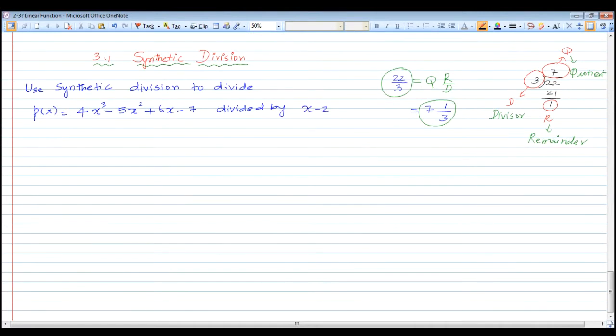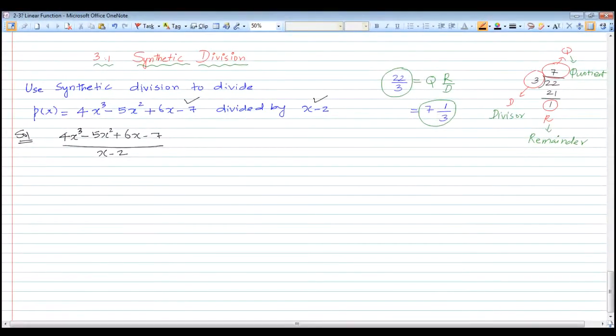So this is the simple definition. So it asks that this 4x power 3 minus 5x square plus 6x minus 7 is divided by this one. So this is the meaning of this, right?